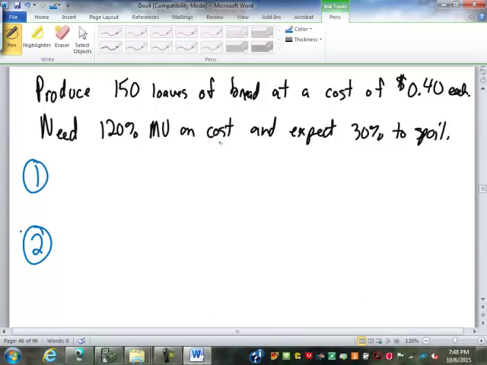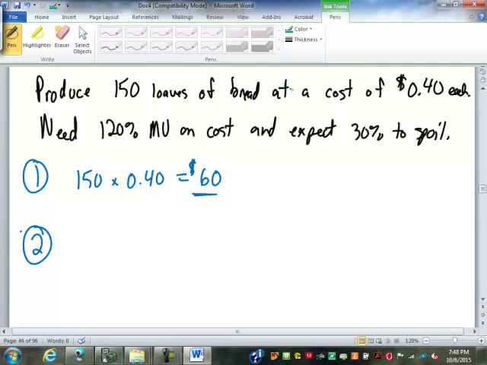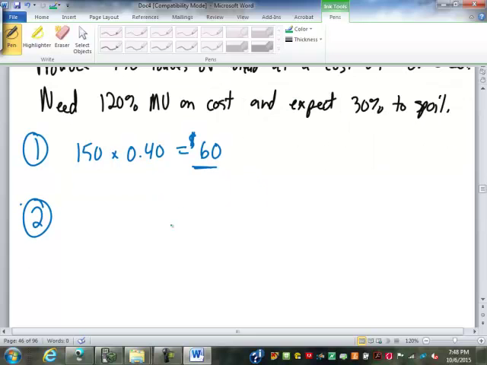Okay, so step one is to find our total cost. That'll be 150 times 40 cents or $60. Step two is going to be to find that total selling price. Do the markup and find the total selling price.